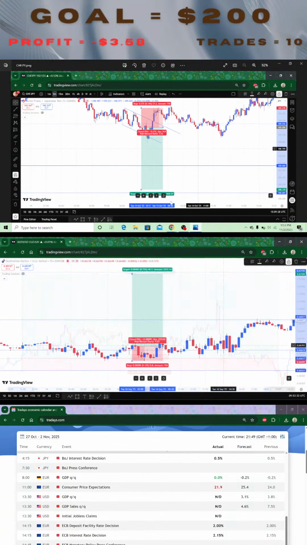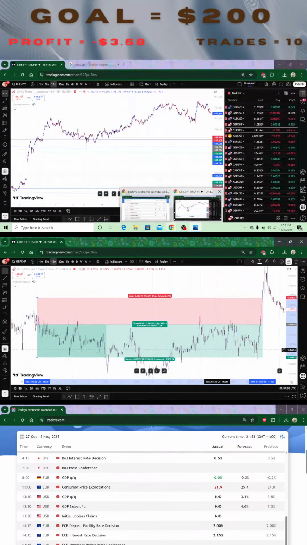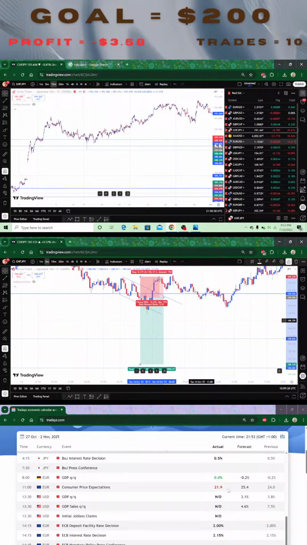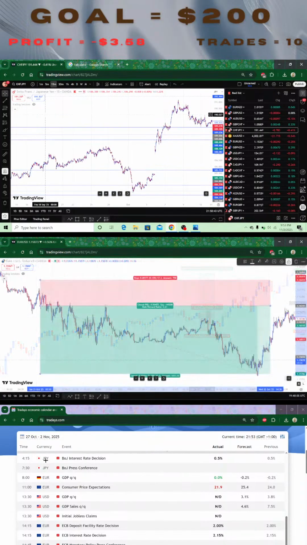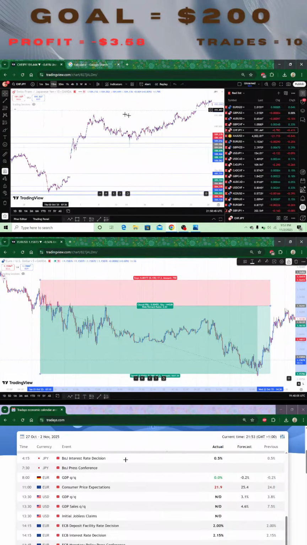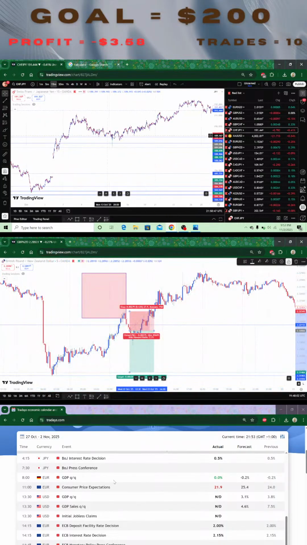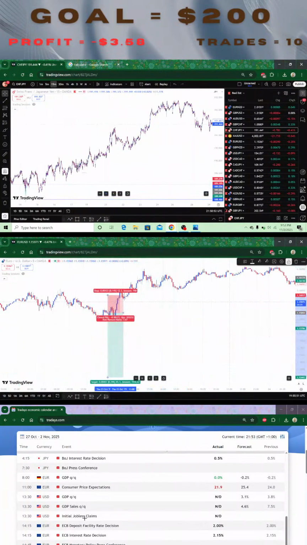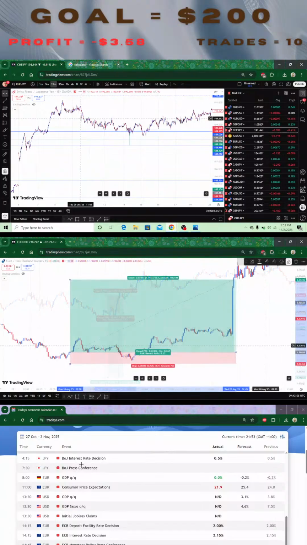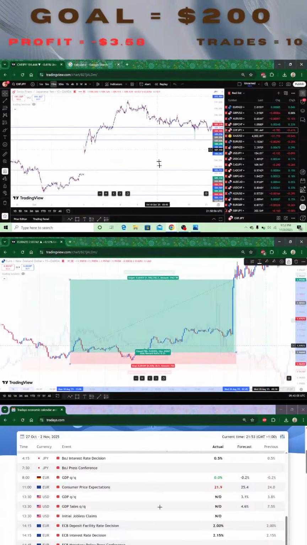CHFJPY, this is 14th of October. Wait, no. It seems like we passed it. Is this night? Okay, this is it. Oh goodness, I was doing it the wrong way.